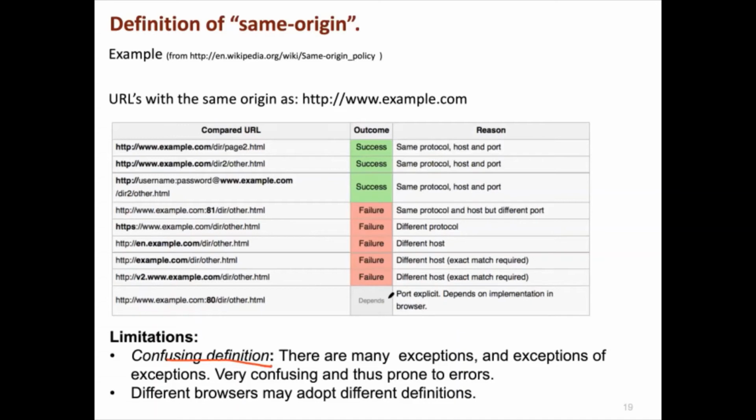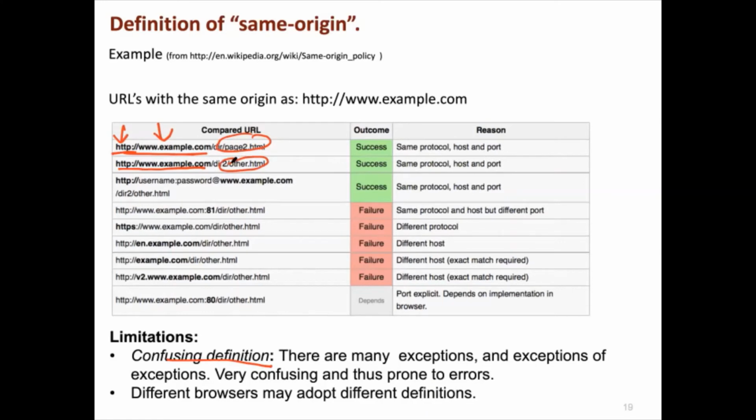And this part, although they are different, they are considered the same origin. Likewise for this one, although over here you put in something like that. And these are different origins because this one has a different port number.